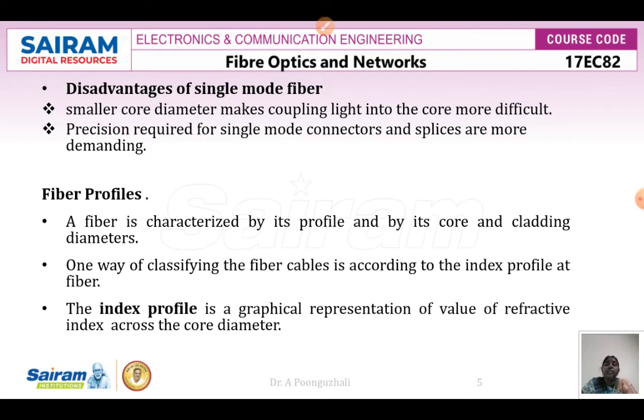When the fibers are joined, precision is required, as well as a skilled person for joining the fibers, in the case of single mode connectors and splicers. And because I have a small core diameter, coupling the incident light into the core is very difficult. So these are the disadvantages of your single mode fiber.